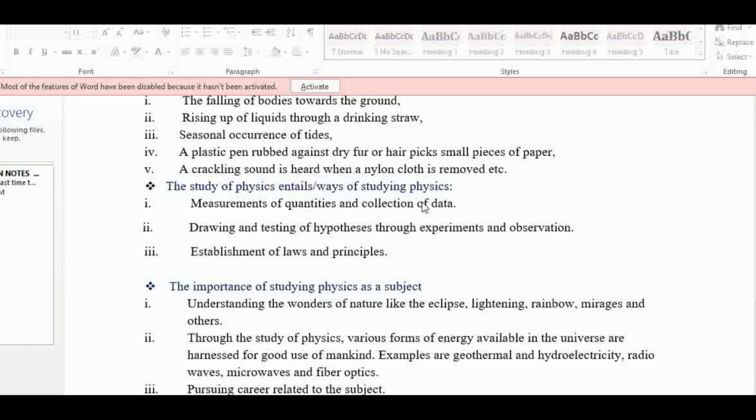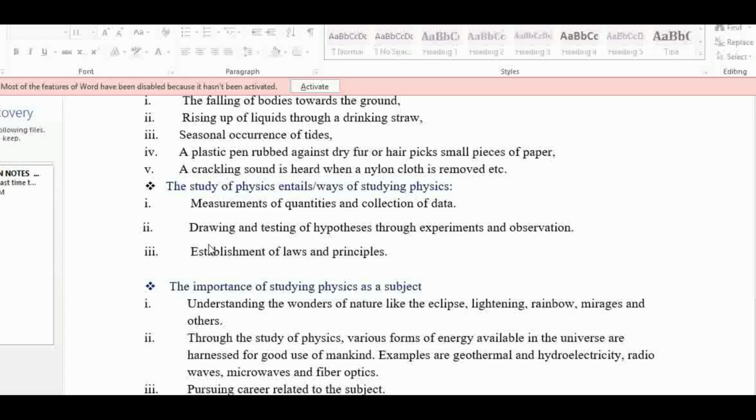There are so many ways through which physics is studied at the high school level. The first way through which we study physics is by measuring quantities. We go to the laboratory and measure some quantities, we collect the data, and then this data can be analyzed.